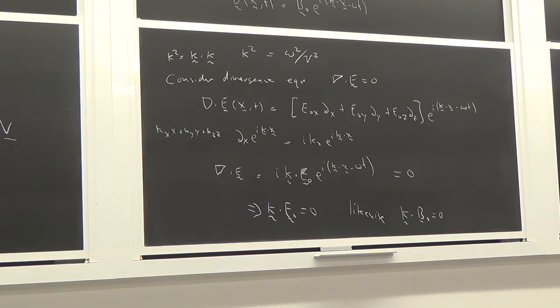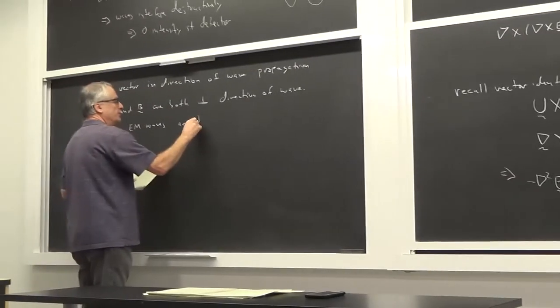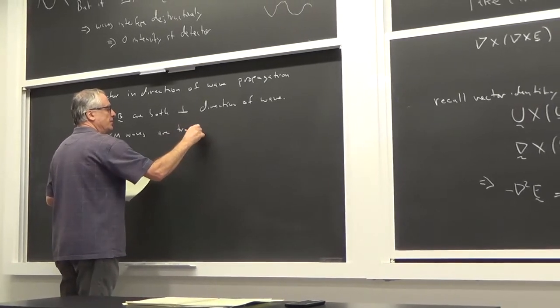So that means that the electric and the magnetic fields are both perpendicular to the direction of the wave. That is, electromagnetic waves, at least with these assumptions, are transverse waves.